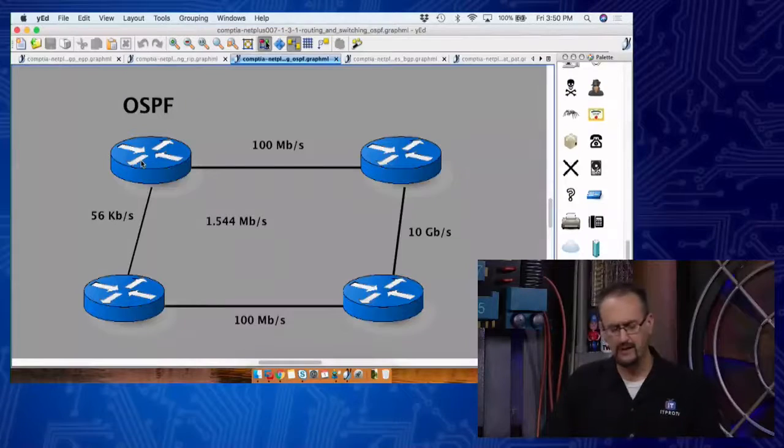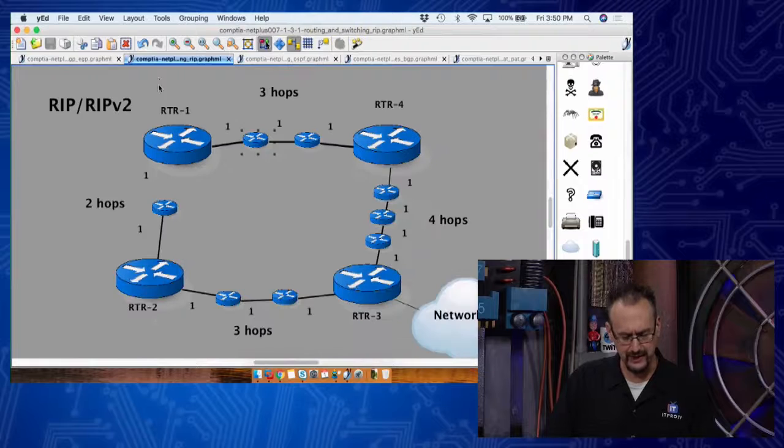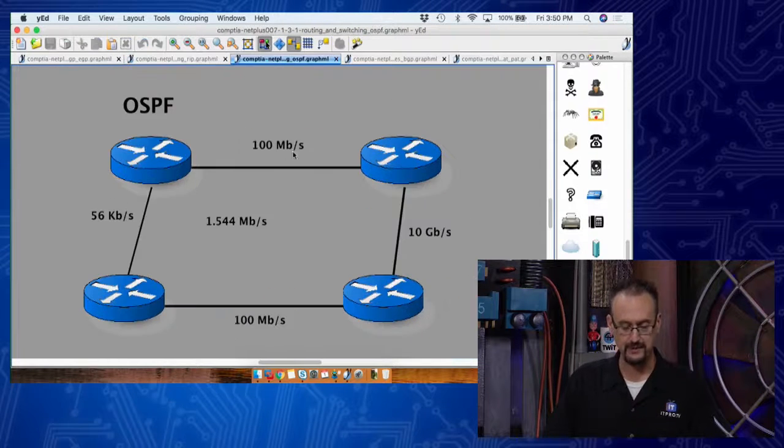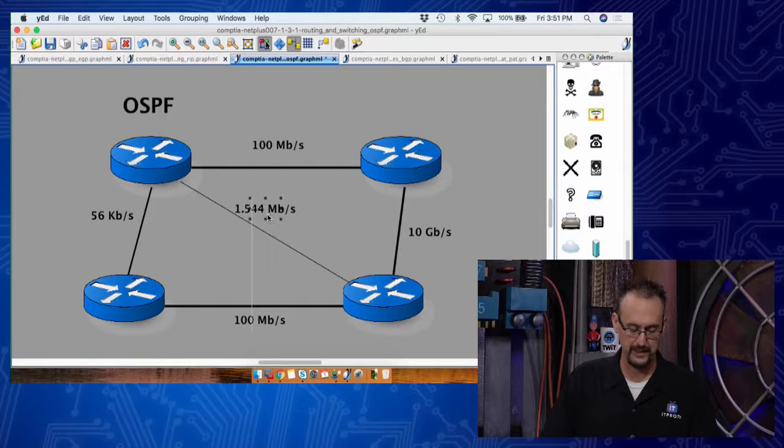So unlike our distance vector protocol that's using hop counts in the distance, something like OSPF can say, hey, should I send this over, let me finish my diagram there, a 100 megabit link? Should I send this over a 56K link?